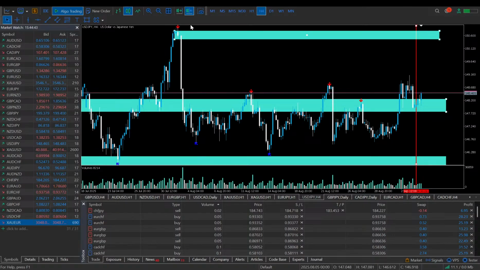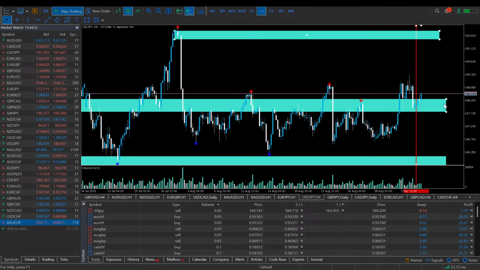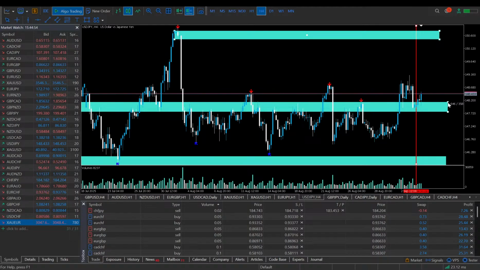Now that I've certified areas where I would like to be trading, I now know that this area here is the equilibrium support and resistance zone. If the price trades lower, that area becomes resistance. Why?